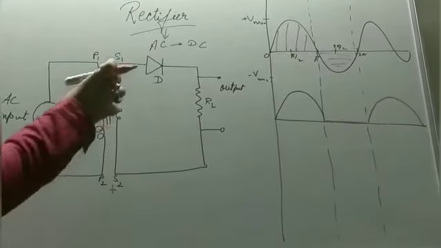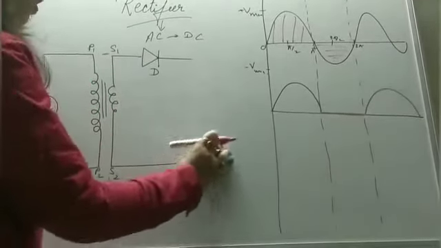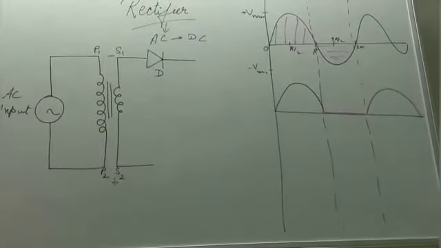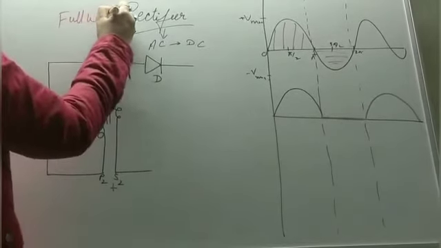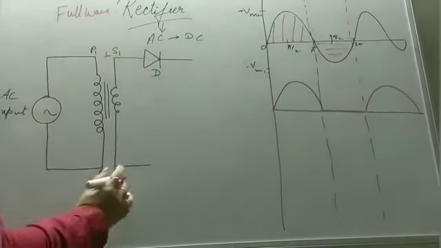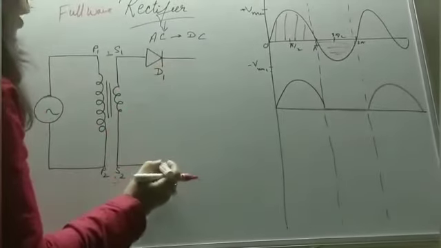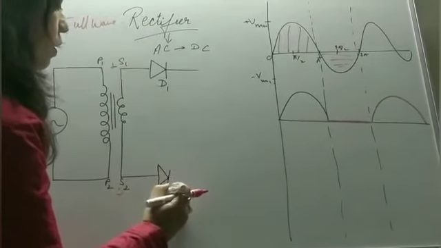Now in the full wave rectifier, there is a little change in the circuit diagram because now we are using two diodes. I am taking D1, and another diode over here, D2.